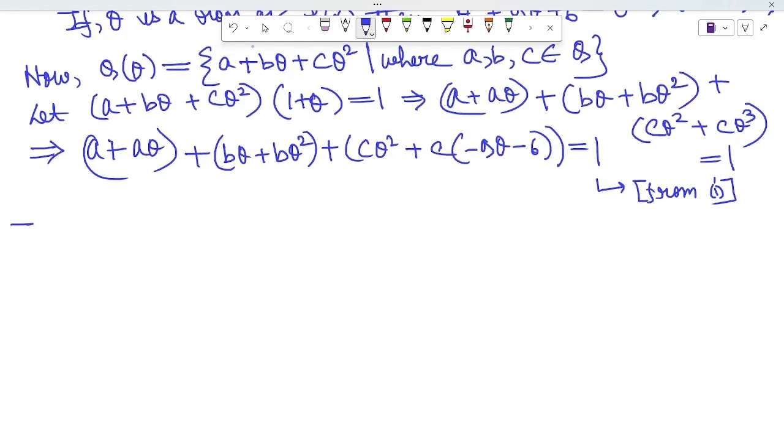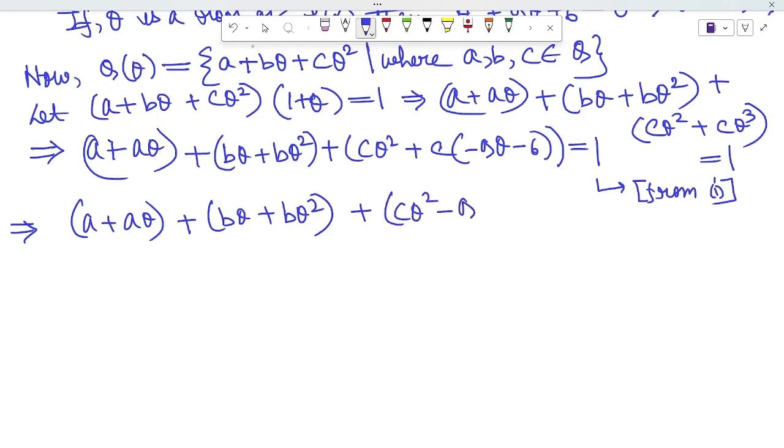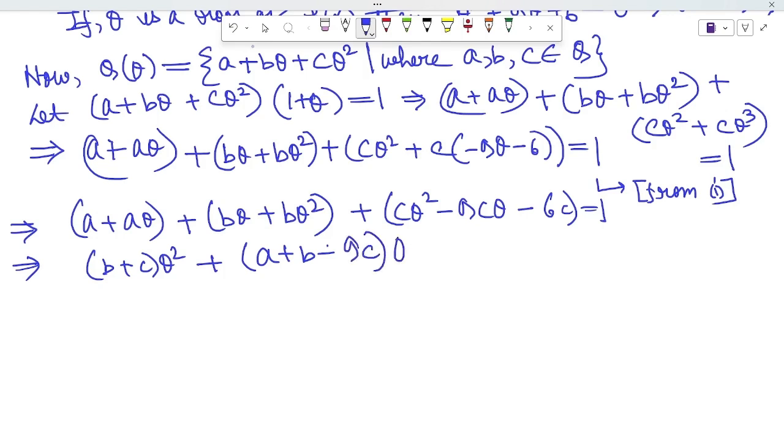Now subsequently, it will give you, gathering all the terms together, b plus c theta square plus theta. Theta means a plus b minus 9c theta, plus constant terms a plus b minus 6c, equal to 1.